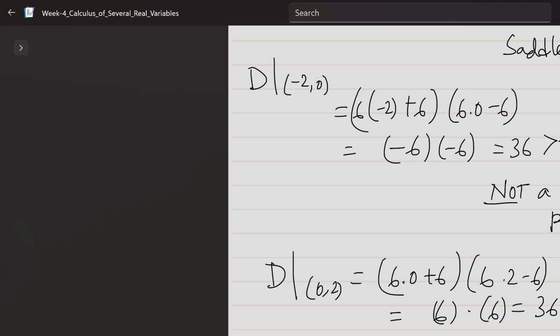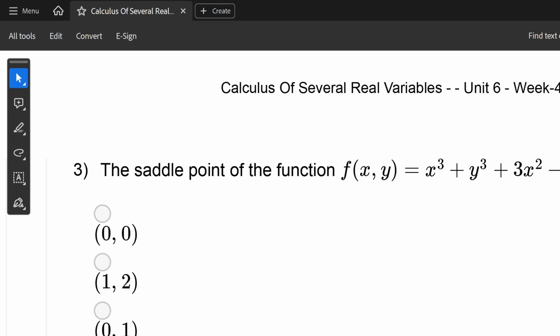So let me show you the answer. The answer is 0, 0 is there, but minus 2 comma 2 is not here. I think only 0, 0 is there, so 0, 0 you have to choose. Can one question have more than one answer?